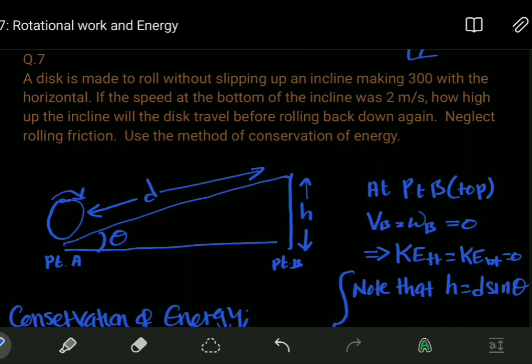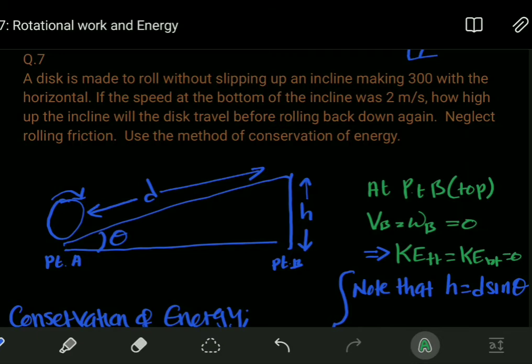Okay, so as you can see from here, we are saying at point B, which is the top, the final linear speed is equal to the final angular speed, and they are both zero, meaning that the translational kinetic energy is equal to the rotational kinetic energy, which is zero at the top.